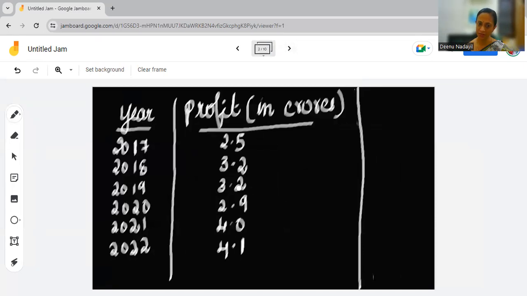Here we see how the variation occurs in profit. 2.5, then 3.2, then again 2.9, then 4, it's increasing. So here it comes to a somewhat constant trend and then again it's increasing.